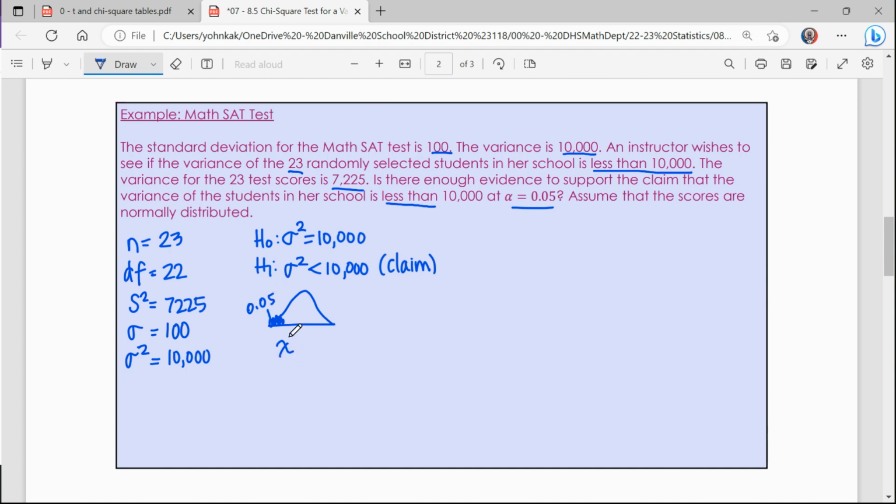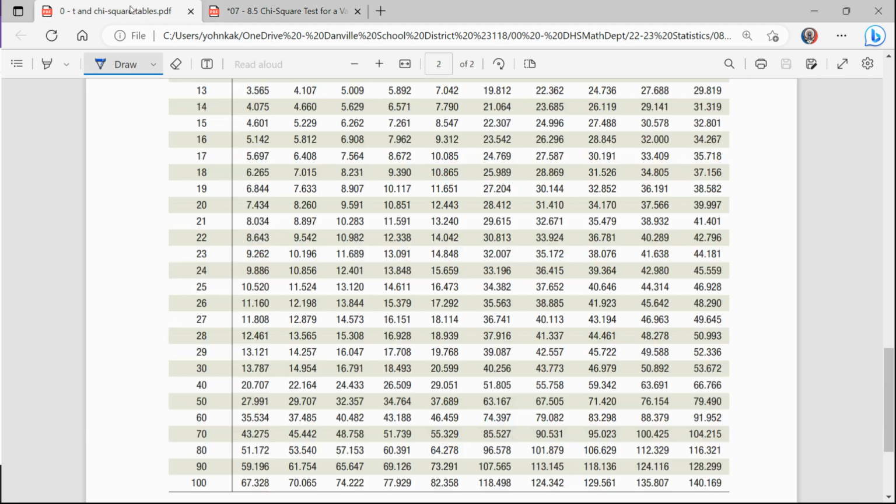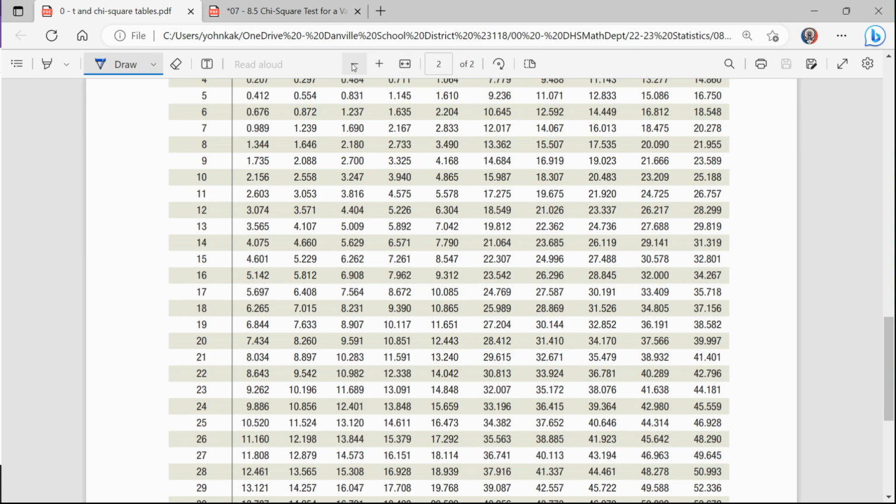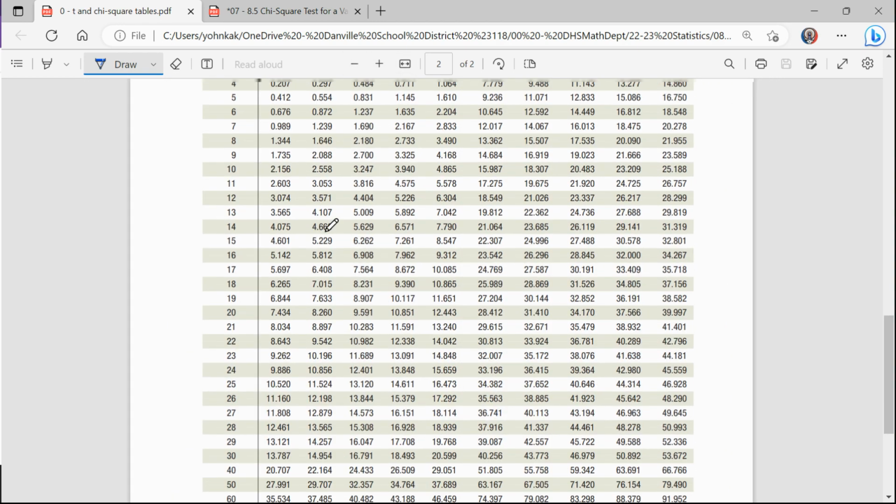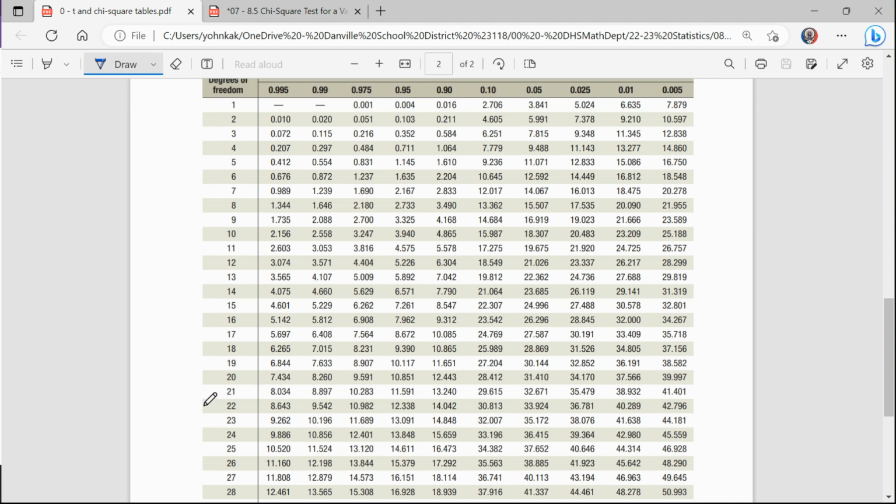Now, when we do our critical value, our chi-square, we want to make sure that we choose the one on the left-hand side of the table since we are graphing on the left. So we want degrees of freedom 22 and 0.05. Let's make this a little smaller so we can see it. Our degrees of freedom is 22.